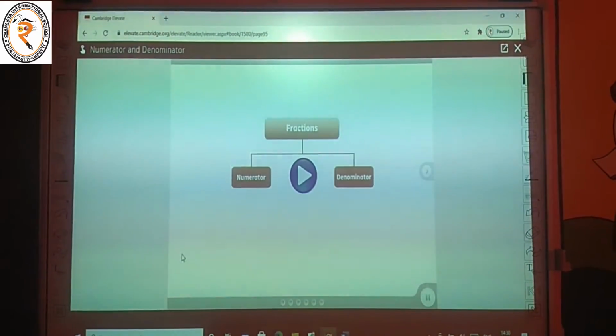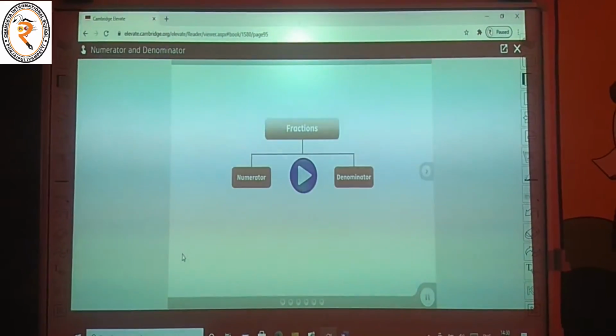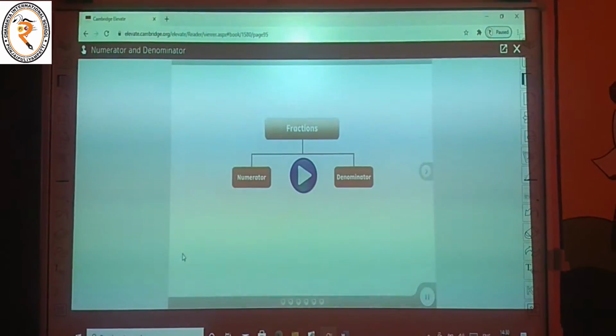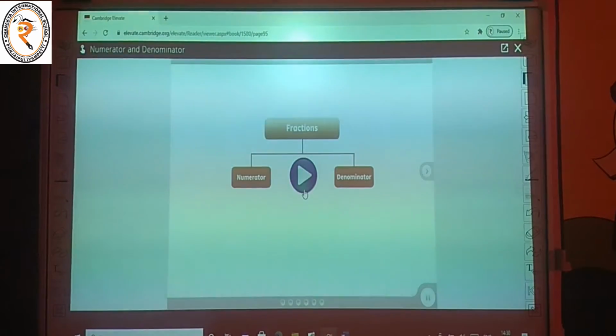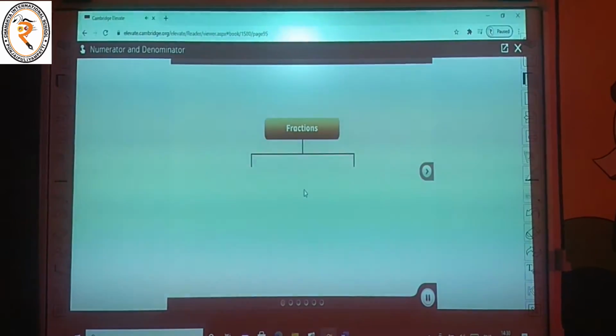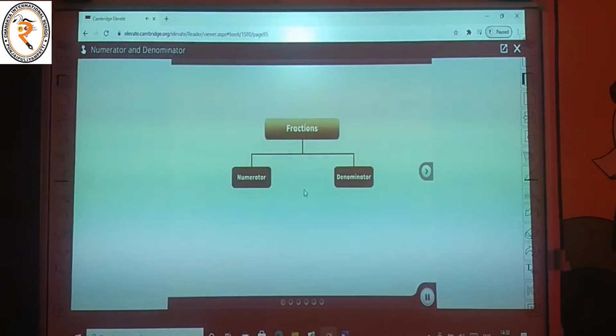Fractions: numerator and denominator. Let us study fractions and its parts. A fraction has two terms, namely the numerator and the denominator.